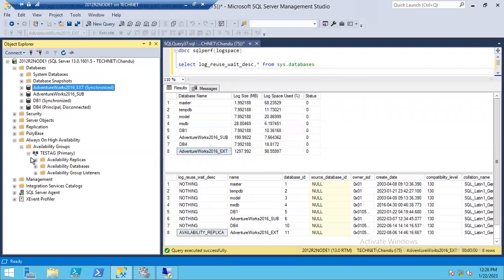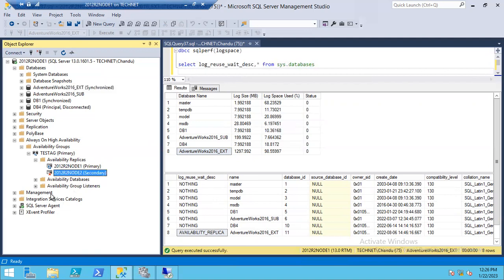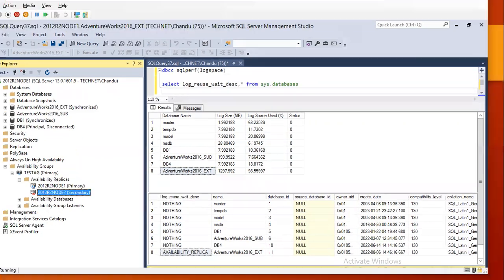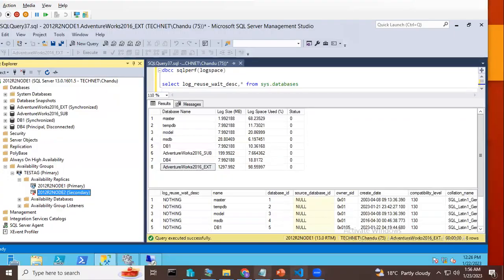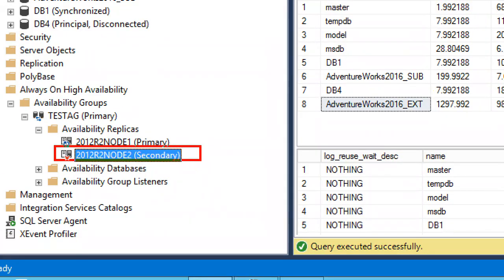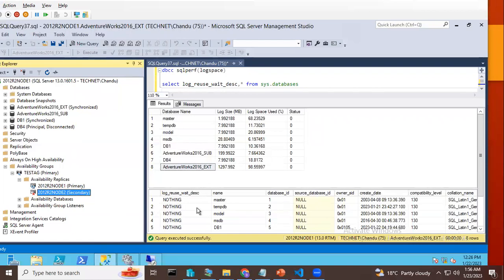Now, if you expand the availability replicas, and you see that the secondary is in disconnected state, since the secondary is not online or not reachable, we see that the database on the primary is bloating and the log file on the primary keeps on increasing, as it is not able to truncate the transaction log file and is waiting for the availability replica.